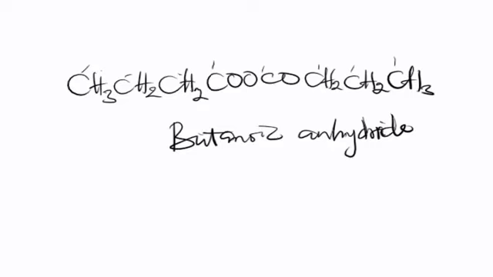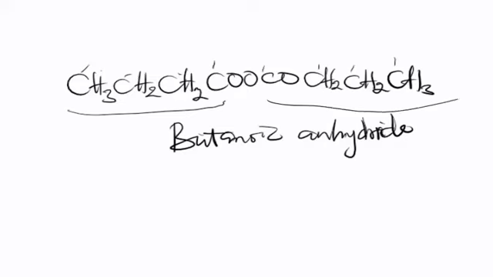So this makes it a butanoic anhydride, because they are actually symmetric. So this is corresponding to this. Alright, so having known that, let's look at other examples too.